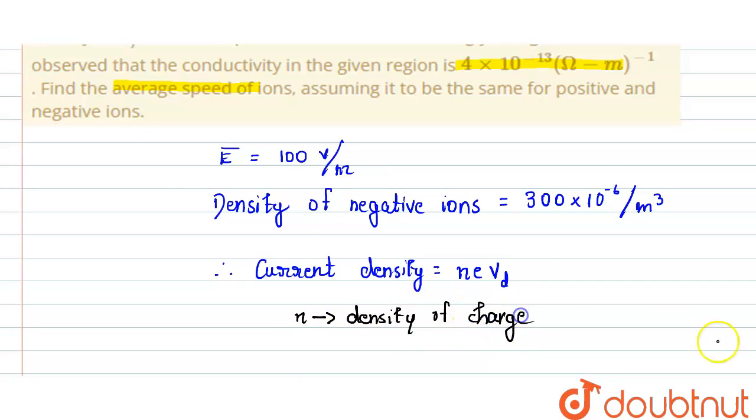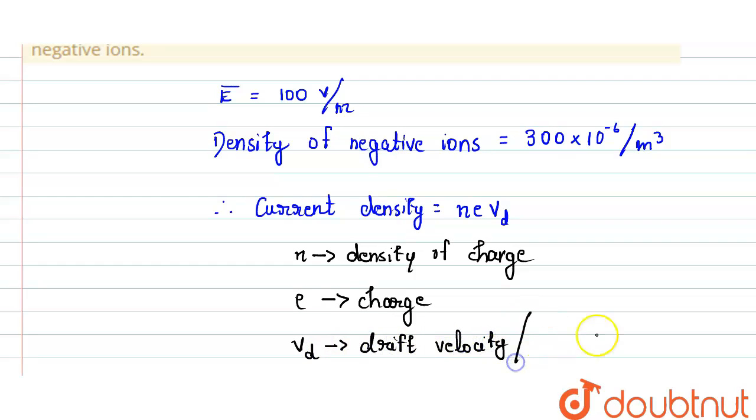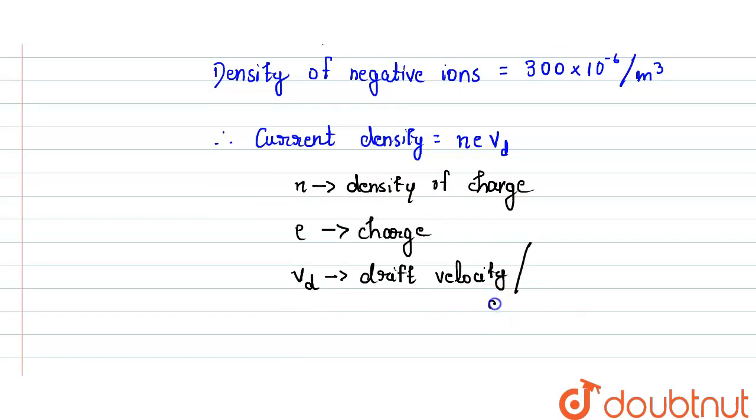The charge of an electron is a constant and its value is 1.6 into 10 raised to minus 19 coulomb. And Vd is the term we have to find. It is known as drift velocity, or the average speed of ions as per the question.